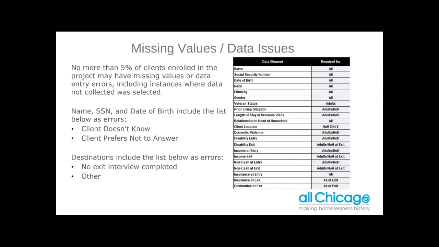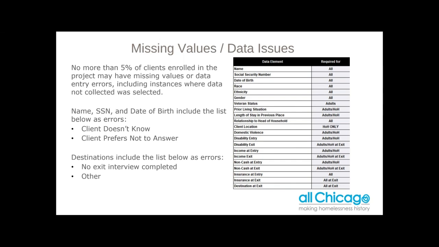When it comes to answering destination questions, it really depends on what actually happened. If you have an idea of the destination for the client, then you will want to choose from the available HUD destinations and try to pick the best one that really fits.